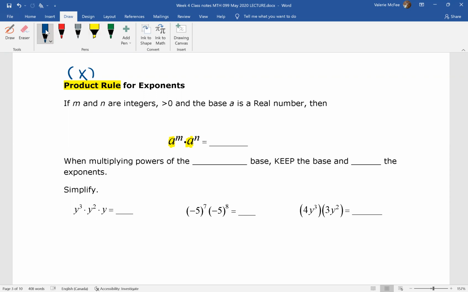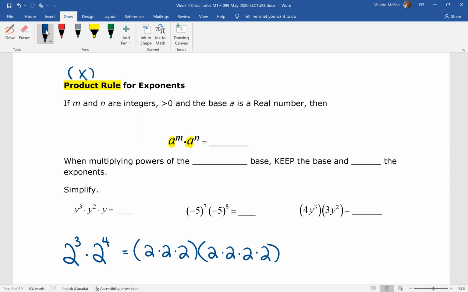Let's think about an example using numbers before we talk about this rule. What if we had 2 cubed times 2 to the power of 4? If I expand that, I have 2 times 2 times 2, multiplying 2 times 2 times 2 times 2.